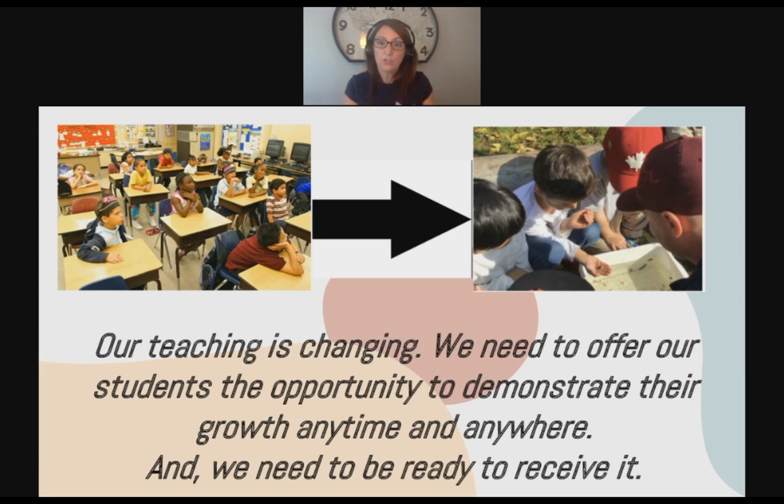We have to ensure that they are developing those 21st century skills, and that we are assessing those skills formatively. Especially as we head into this year, we have to be ready and able to hear what they're telling us through whatever of the 100 languages that is, and we need to be ready to receive it, no matter how hard that may be.